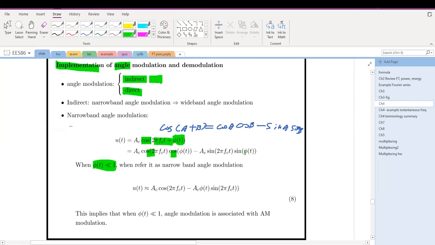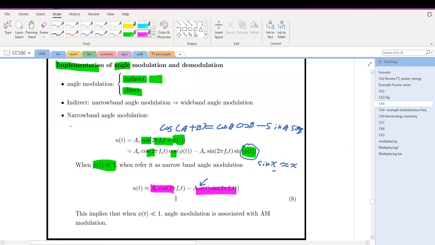Also, because phi of t is very, very small, we use the approximation sine x approximately equals x when x is small. So therefore, I can take phi of t out here.